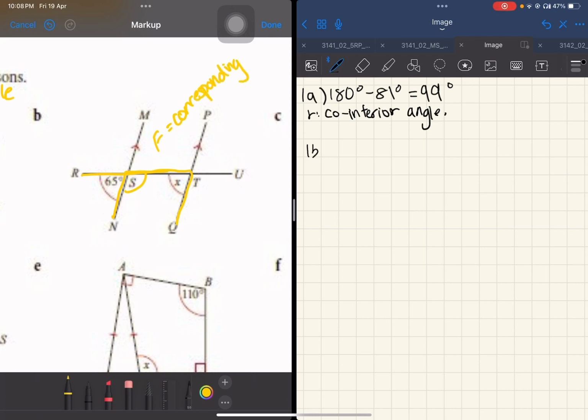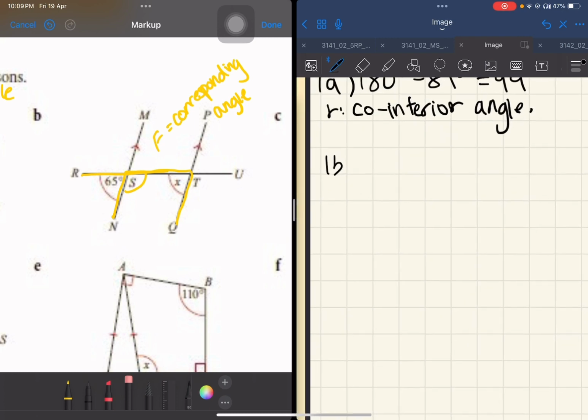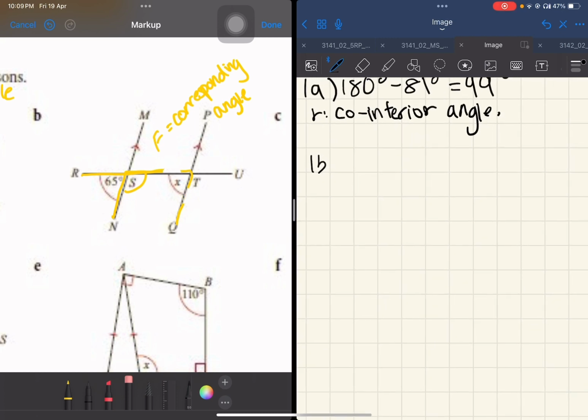But of course, not all corresponding angles, alternate angles, and co-interior angles will have these very direct shapes for you to identify. And as I said just now, the values of corresponding angles are equal. So for 1b, the answer for x is 65. The reason is that it is a corresponding angle.